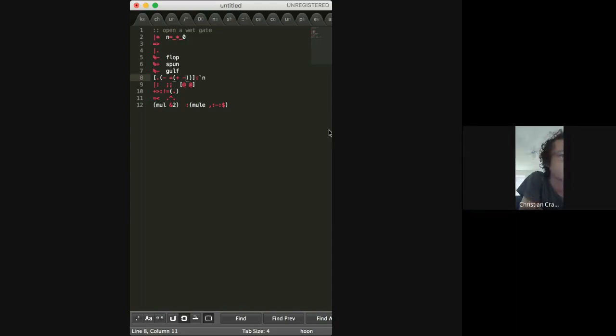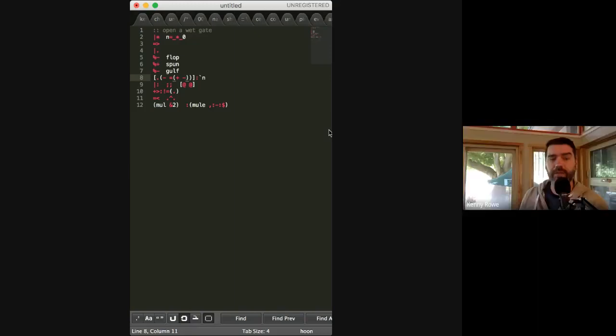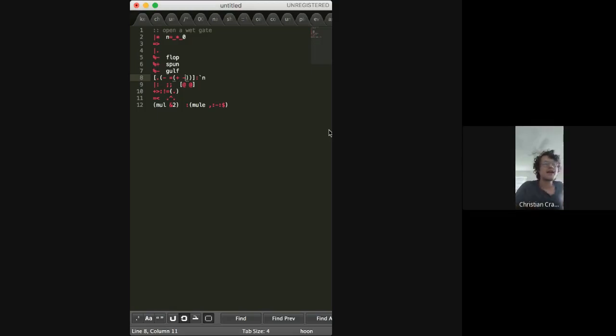Yes, that is right. And yeah, what's the state? So the state is, well, that's actually kind of easy. It looks like it would be.